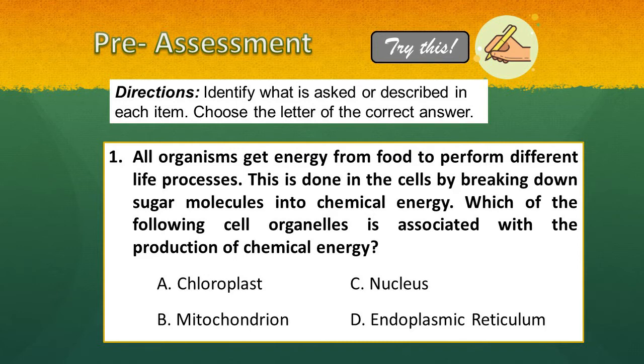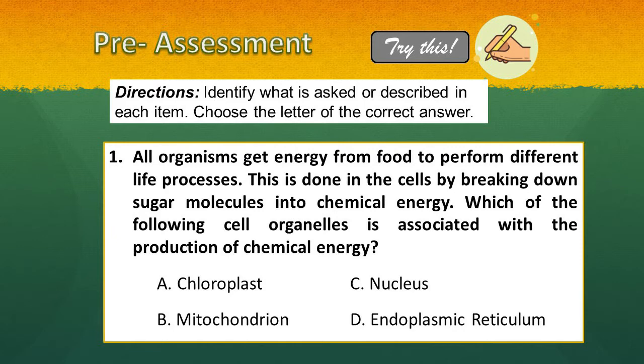Let us try this pre-assessment for us to find out how much you know about cellular respiration. Directions: identify what is asked or described in each item. Choose the letter of the correct answer. Number 1. All organisms get energy from food to perform different life processes.